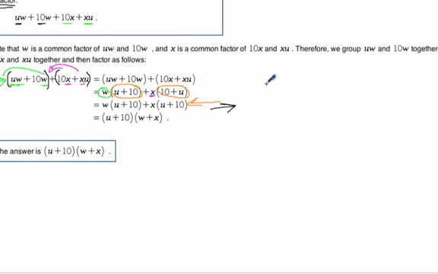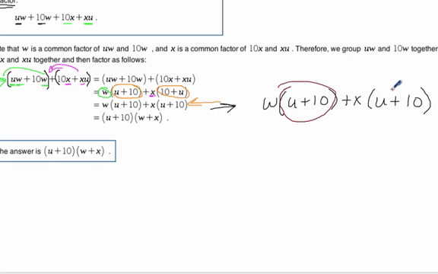Let me open this up and show you. So we've got w times u plus 10, and then plus an x times u plus 10. And if we notice here, we've got a u plus 10, and here we've got a u plus 10. And we've got two terms, right?